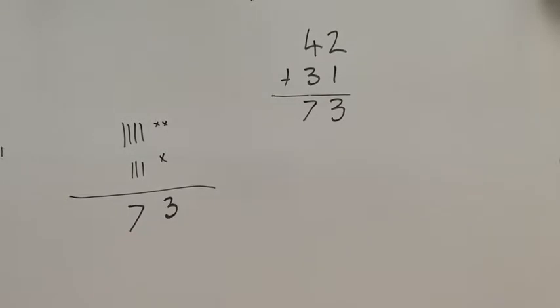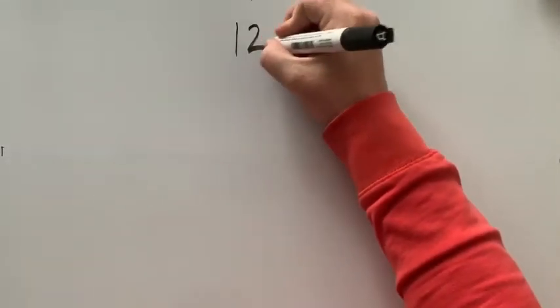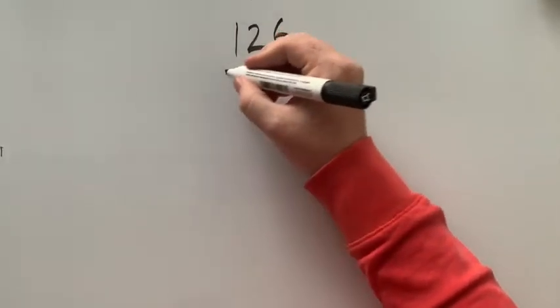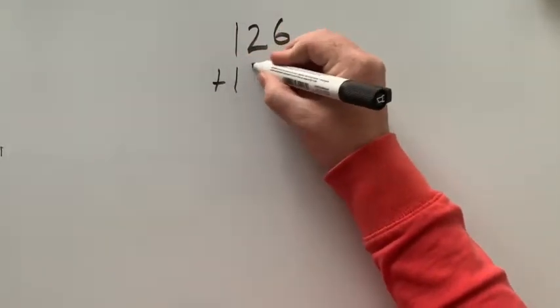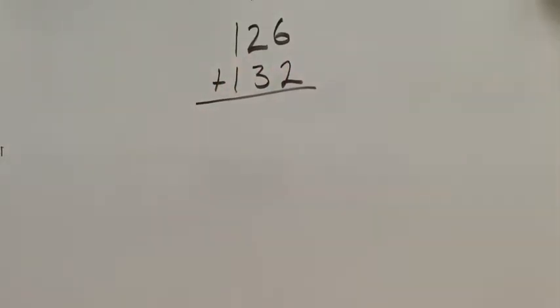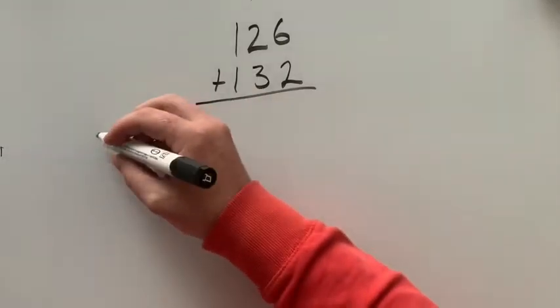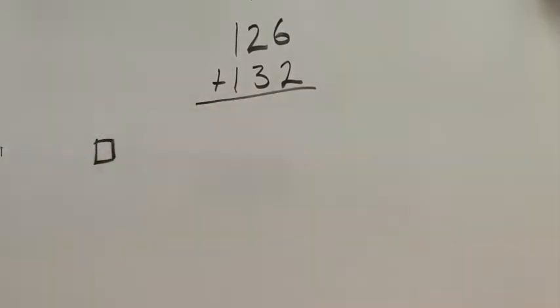So let's try with a higher number. Alright, let's do 126 plus 132. Okay, exact same thing again. Let's draw the representation. This time, our hundreds are going to be represented using a square.